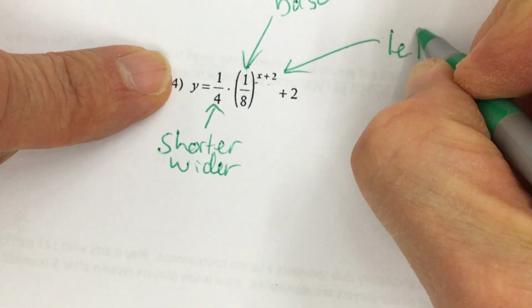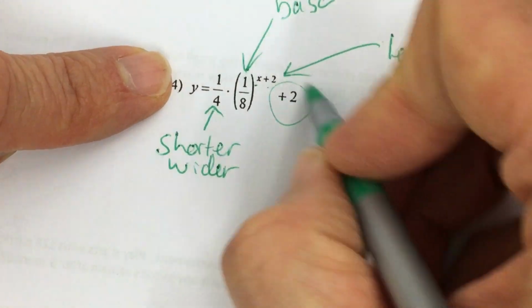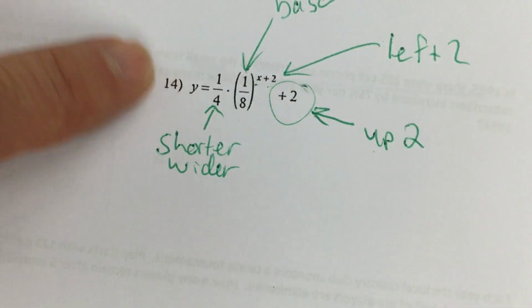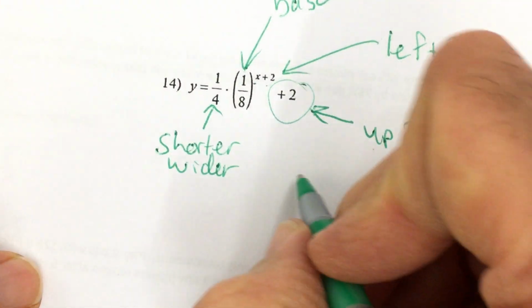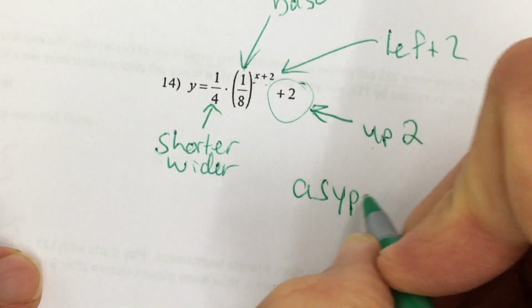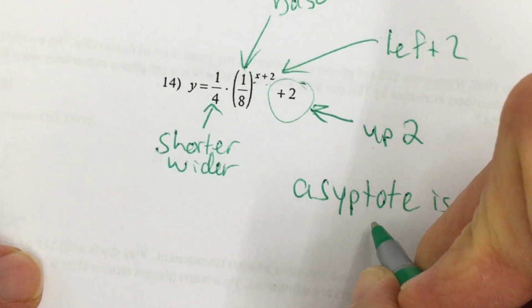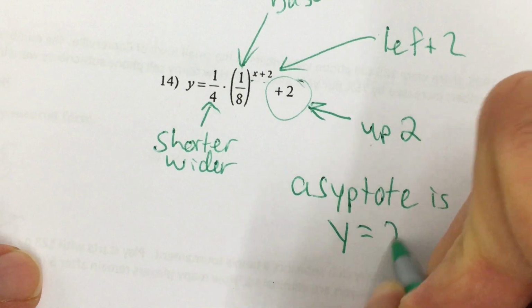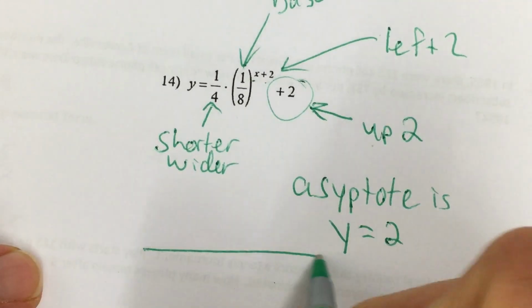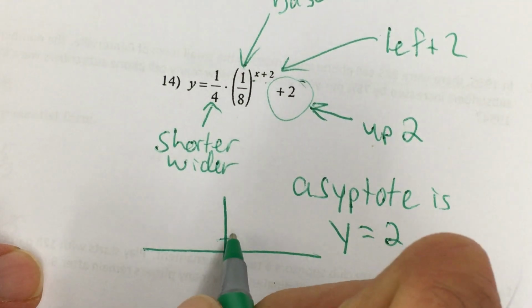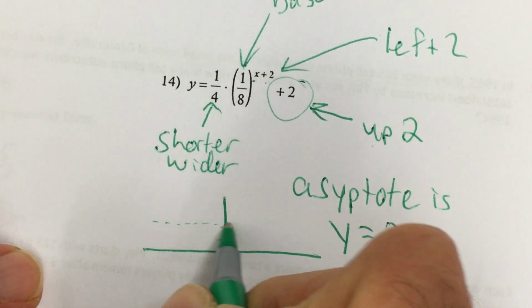I'm going to go left 2. This is telling me up 2. My asymptote is y equals 2. So if I had to graph it without Desmos, y equals 2. Here's 1, 2. Here's my asymptote.